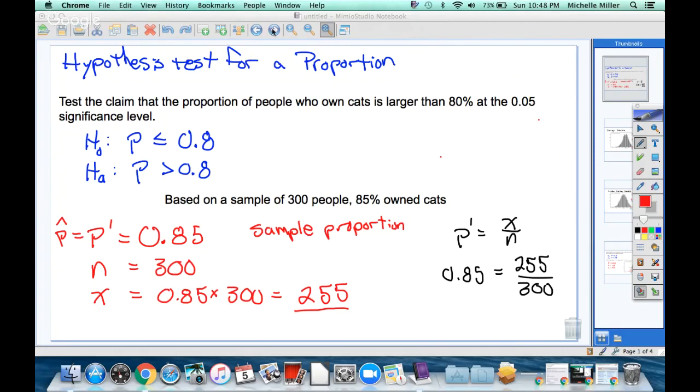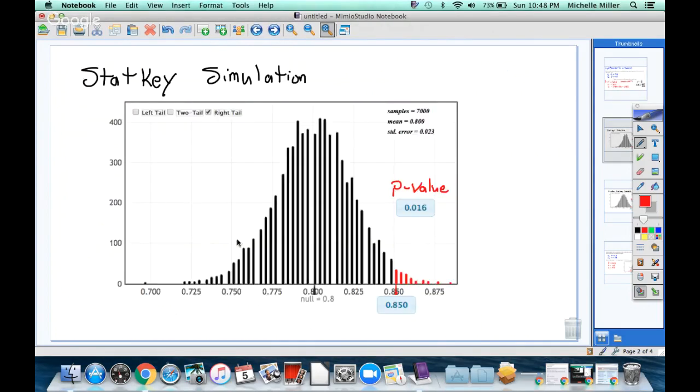So, some results from StatKey. The first time I ran the simulation, I entered my data of 255 people out of 300. That gave me a sample statistic of 85%, and I'm comparing that with our null, our assumption that 80% of people have cats.